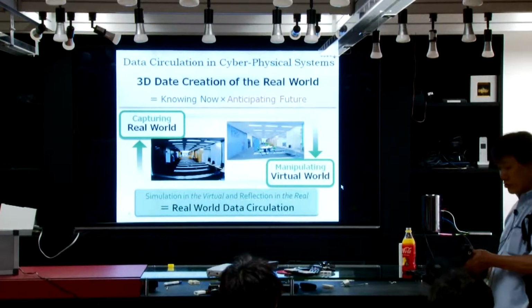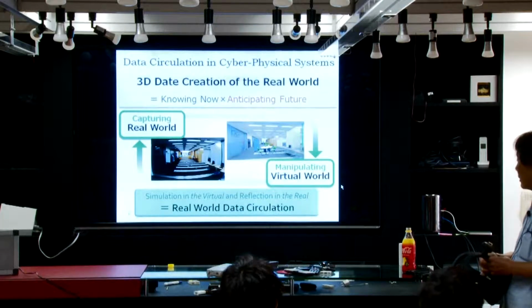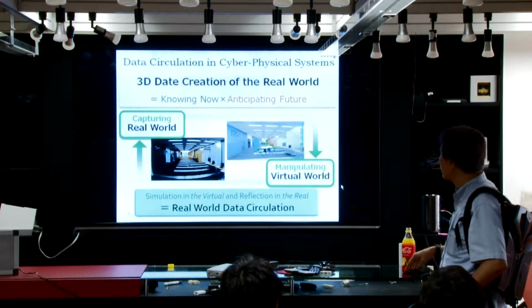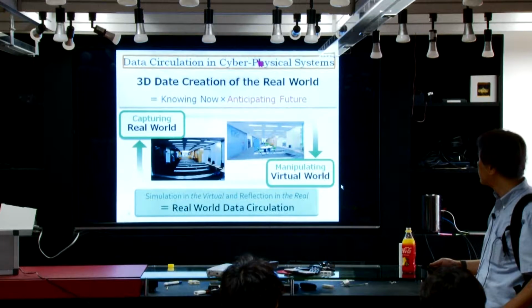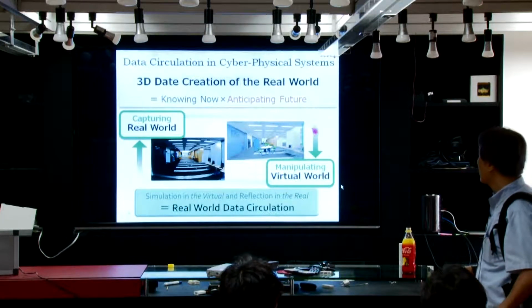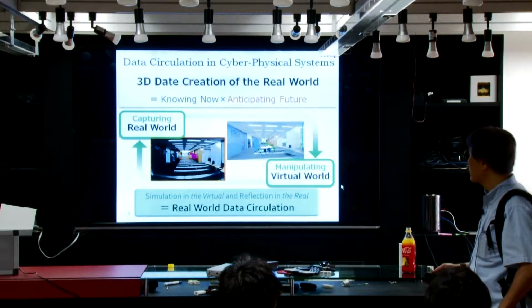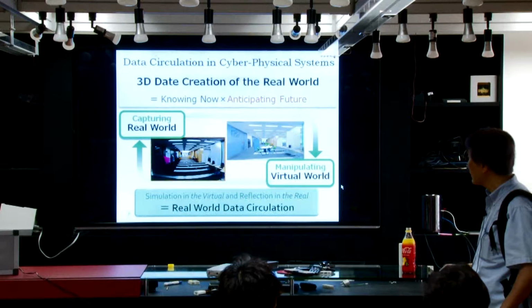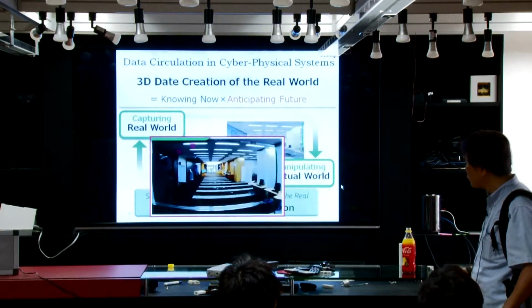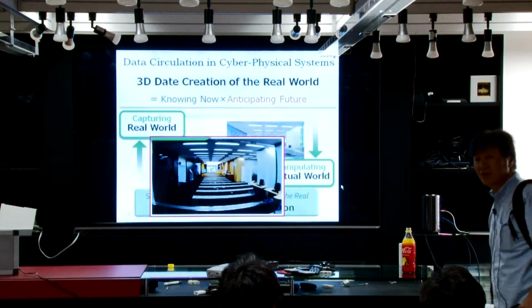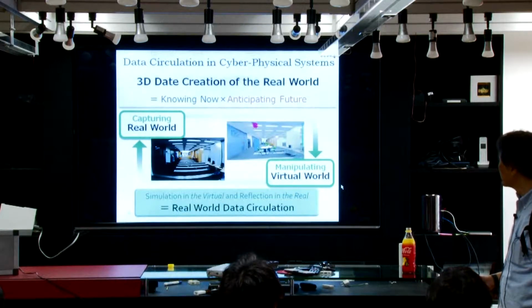About data circulation between cyber space and real space, this is called a cyber physical system. So our research is related to cyber physical systems. Our research first creates a three-dimensional world of the real world. So this is a real building, and we make a VR space based on this real space like this.